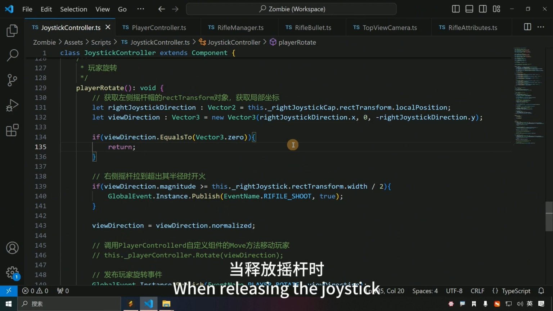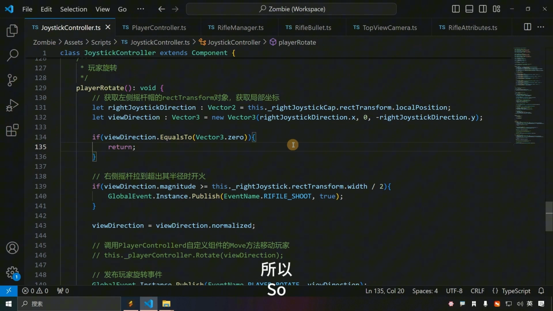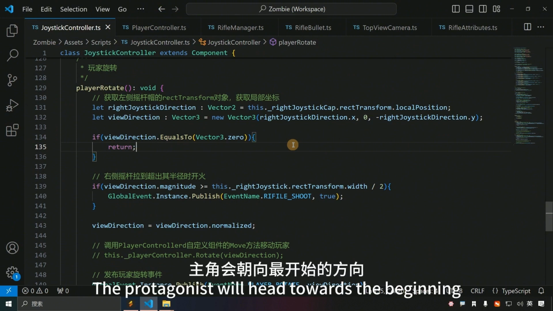So, when releasing the joystick, it also gets the direction indicated by the joystick in real time. So the protagonist will head towards the beginning.